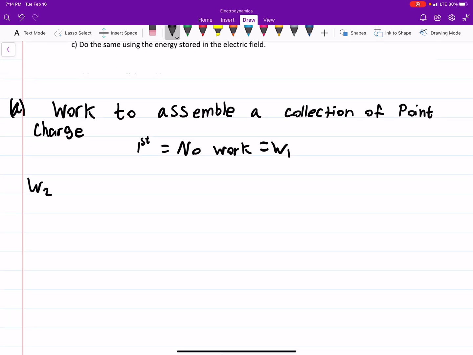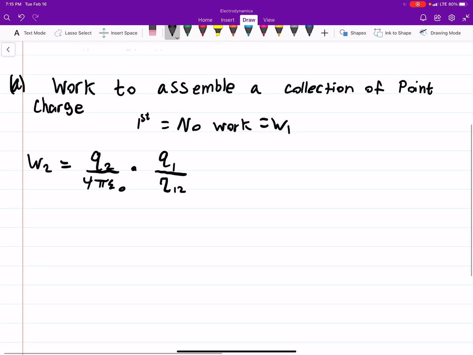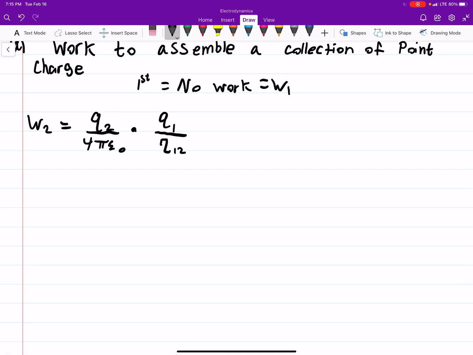Now work 2, if we're to bring a second charge in, you'll have your charge there, 1 over 4 pi epsilon naught times the charge that was put there for free, because that's now actively working against it, over the separation vector from 1 to 2. And you could keep doing this, and the book does it, I think, 3 or 4 times, but at the end of the day, I think you can kind of see what's happening, and we're getting a summation.